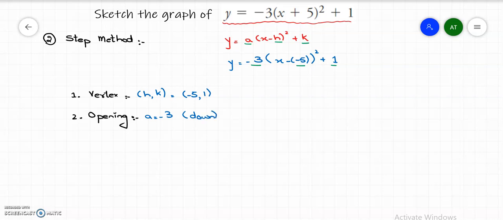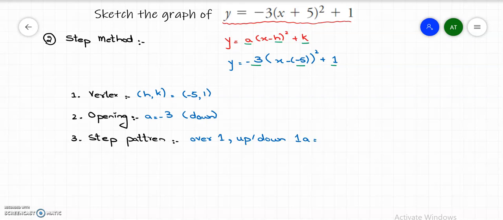The third and last thing we need in the step method is the step pattern. Now, what is the step pattern? The first step pattern is over 1, up or down 1a.